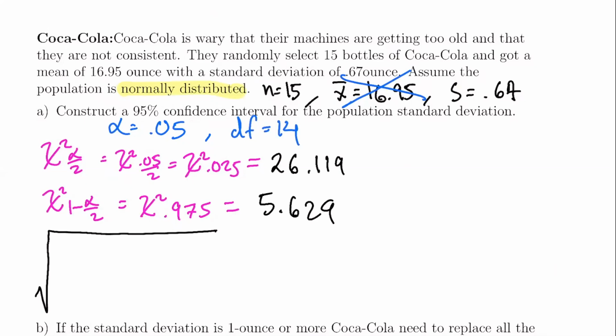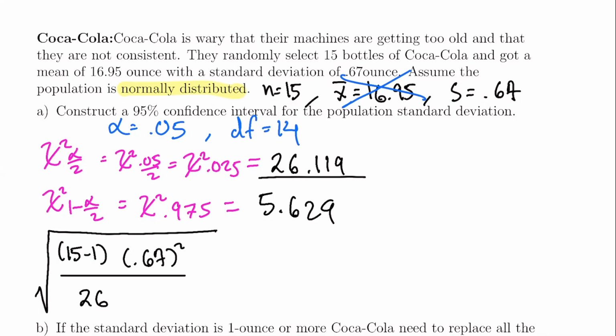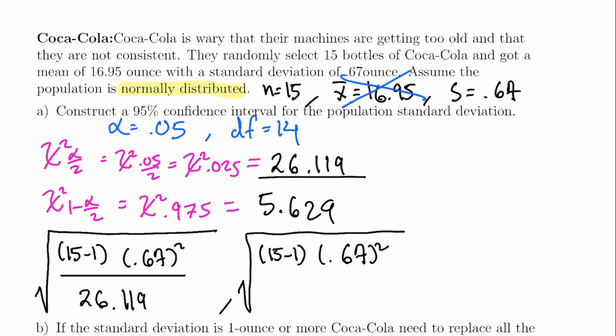We say n minus 1, which is 15 minus 1, times s squared, which is 0.67 squared, all divided by the biggest number, chi-square of alpha divided by 2, which is 26.119. I do the same process again: 15 minus 1, times 0.67 squared, all divided by 5.629.